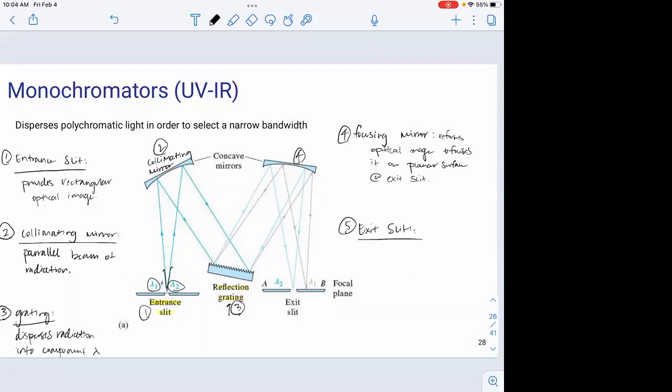Here, the exit slit is just a rectangular hole that occurs at the focal plane that isolates the desired wavelength.